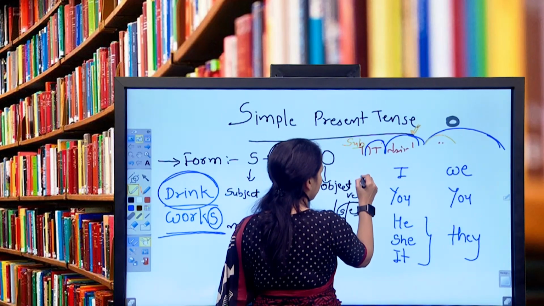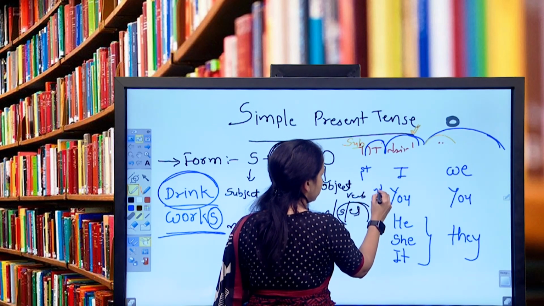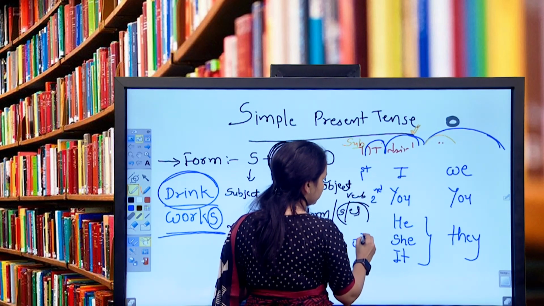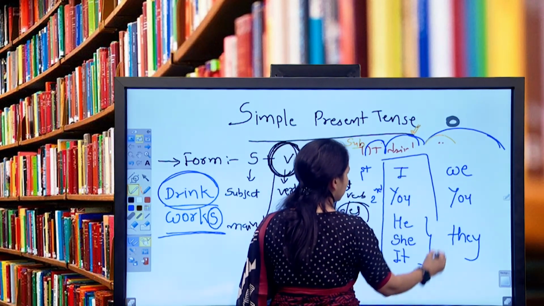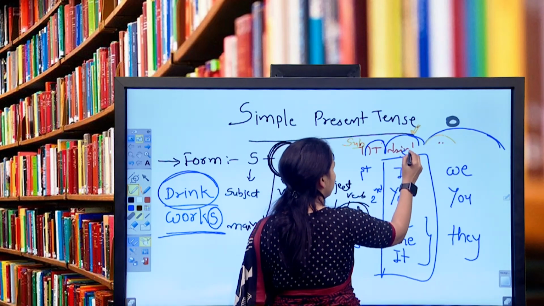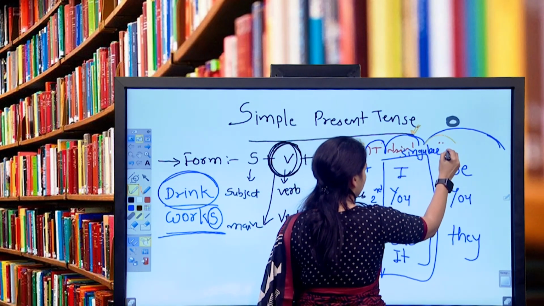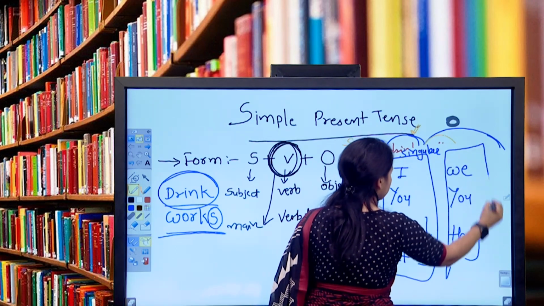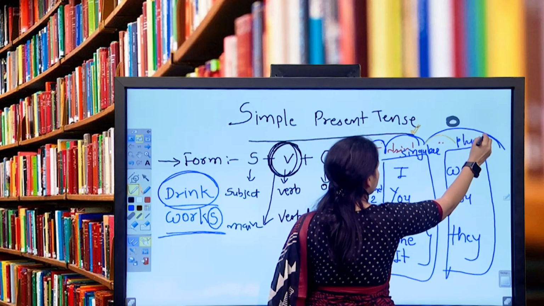This is the first person, the second person, the third person. This part is used for singular, and this is plural, bahuvachan.